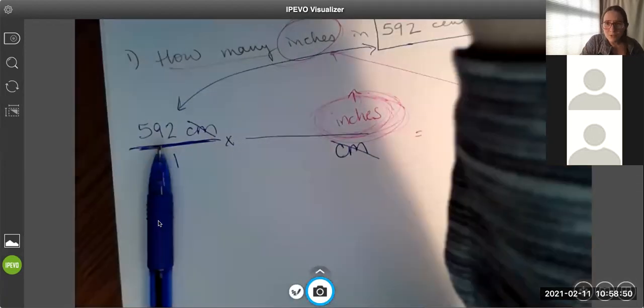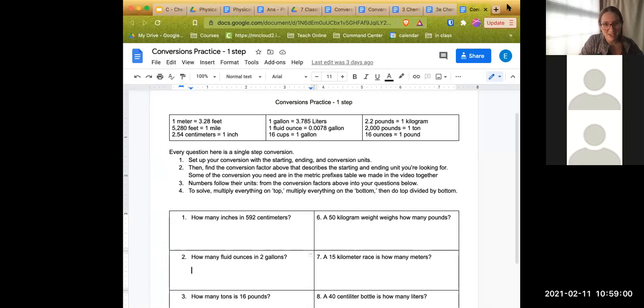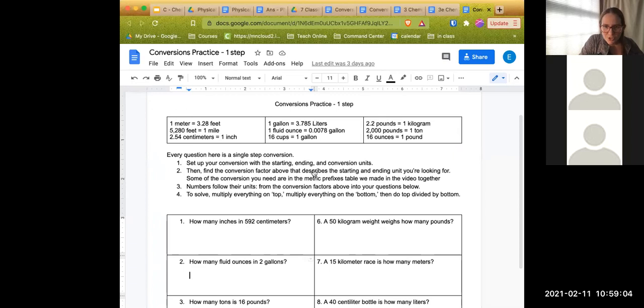Let's find some numbers. We've got this page. Screen share this one and see if we can find our conversion factor. Do you see it in here somewhere? We're converting between centimeters and inches.